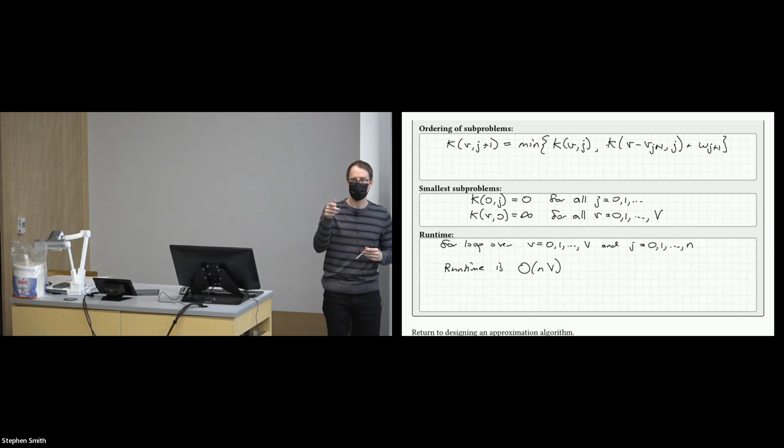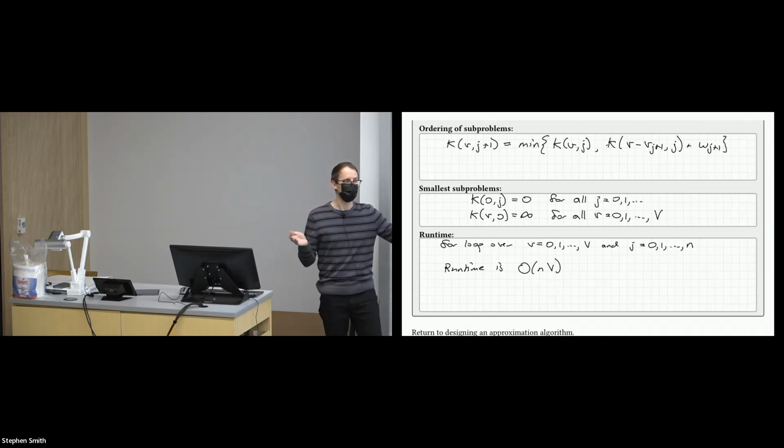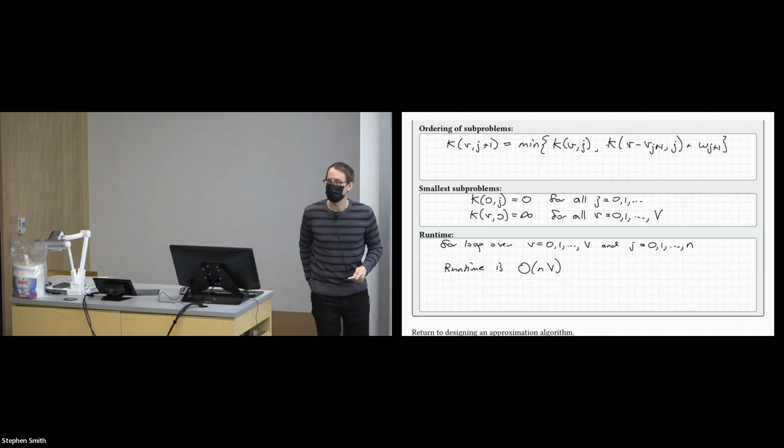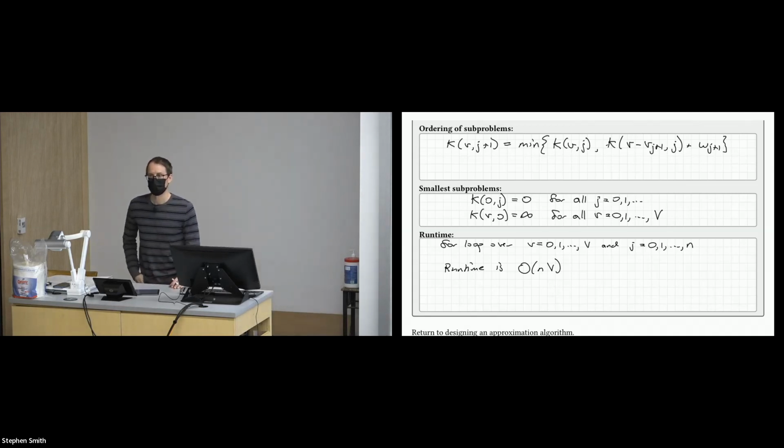Right, an entry says, what's the lightest knapsack I can use to create a value of V using only items 1 through j? Somehow I have to check against my budget weight, right? Capital W.